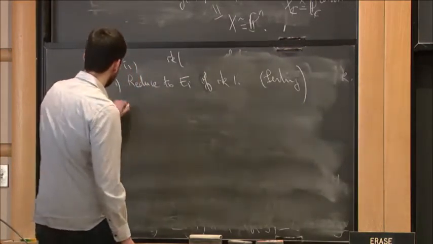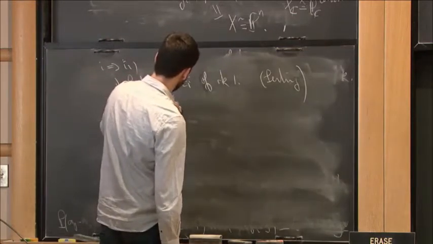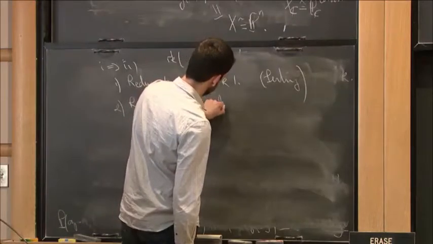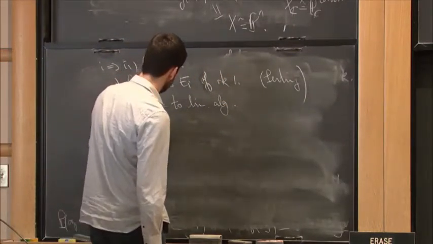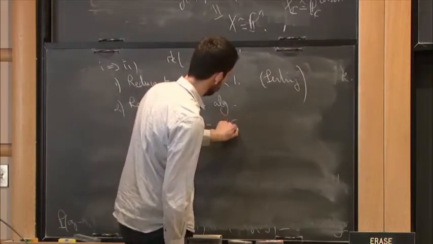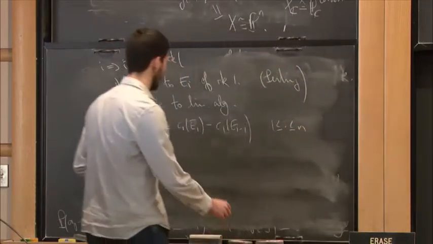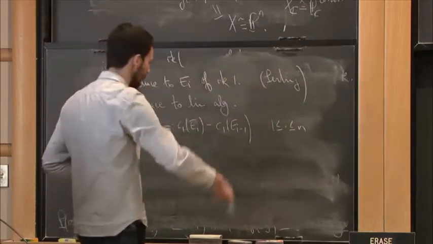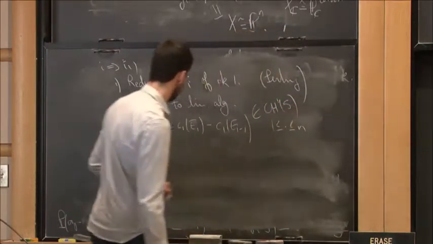Okay. So then you can reduce the problem to linear algebra by taking first Chern classes and doing Riemann-Roch. The point is to define a divisor D_i to be c_1(E_i) minus c_1(E_{i-1}) for 1 less than i less than n. I'm ignoring the last term. These are elements in the Néron-Severi group.